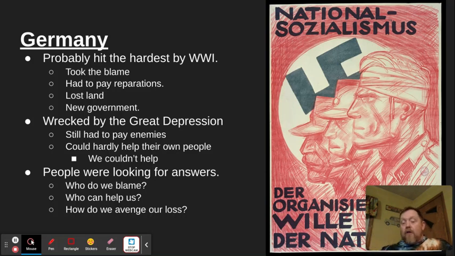But then you compound the problem with, they still had to make their reparations payments to France, to Belgium, to England, to Italy, to all those places. So any spare money they had that they could have given to their own people to help them out, like FDR did, like Herbert Hoover tried to do toward the end of his presidency, they couldn't, because they were giving it to other countries. That's going to make you bitter, okay?